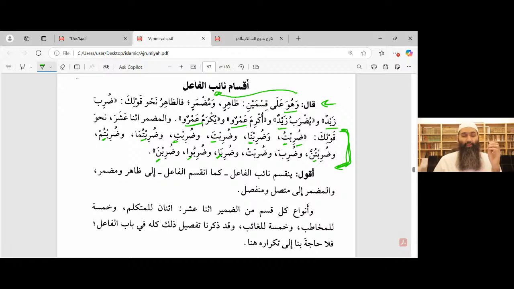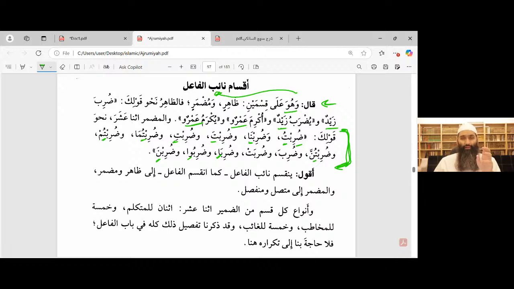Remember, the fa'il can also be dhahir or mudmar, and we looked at the i'rab of mudmar in detail, so we don't need to repeat that. I've given you two examples to show you how the i'rab is slightly different.